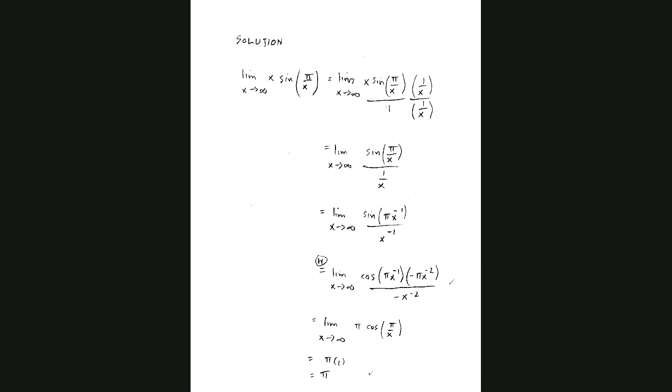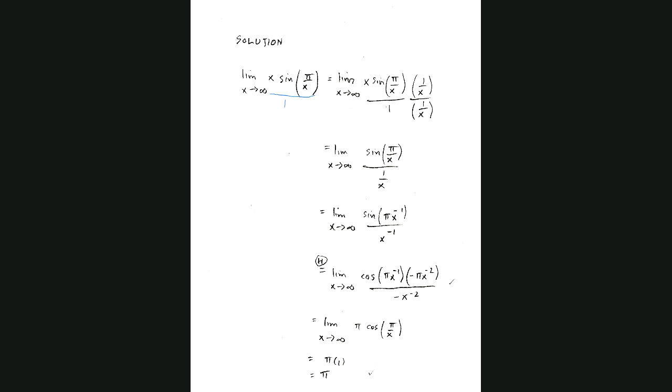For L'Hopital's rule, I need a fraction with a function f on top and a function g on the bottom. So I'm going to multiply by 1 over x on the top and the bottom. Of course, x times the sine of x is equivalent to x times the sine of x over 1.